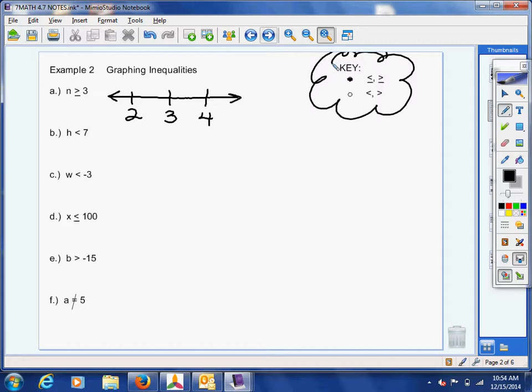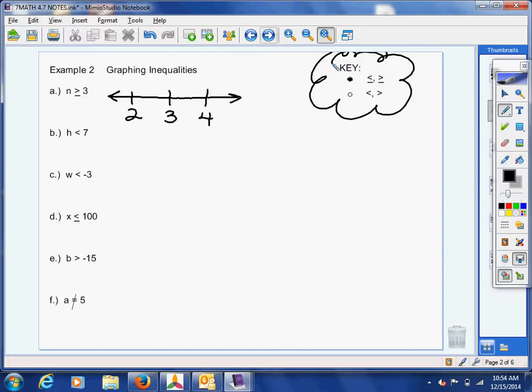If I plugged in 7 and said, oh, 7 is less than 7, actually, no, 7 equals 7. It's not less than. So I do an open circle, or what I call an empty circle. You'll hear me use them interchangeably, open or empty, okay? So equal to sign, I'm going to do a filled in circle, completely filled in.